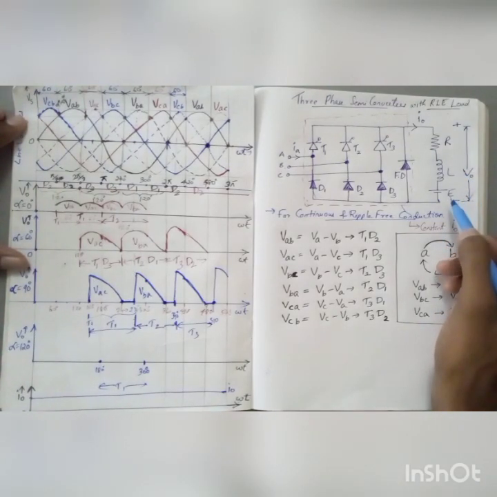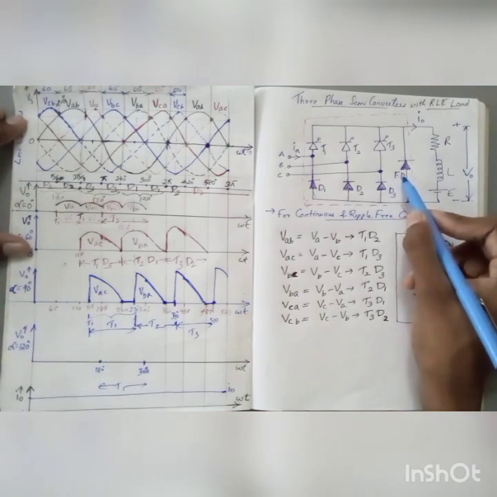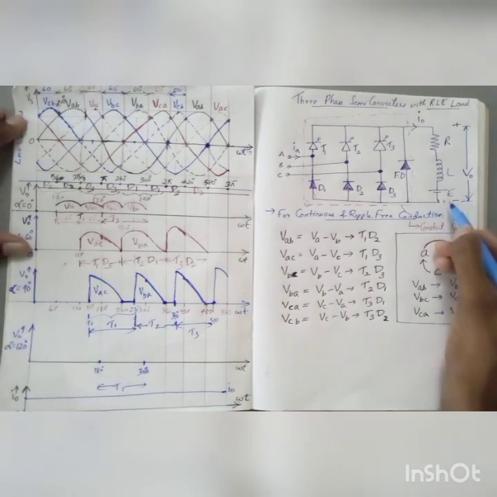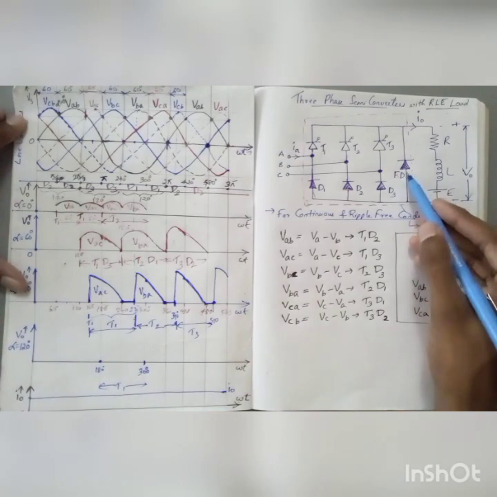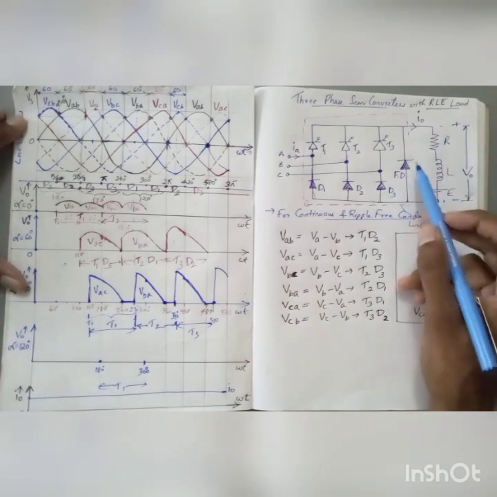As I have already explained, when V0 has a tendency to go negative, the freewheeling diode certainly conducts, because its anode gets positive and its cathode gets negative. Then the freewheeling diode will conduct.